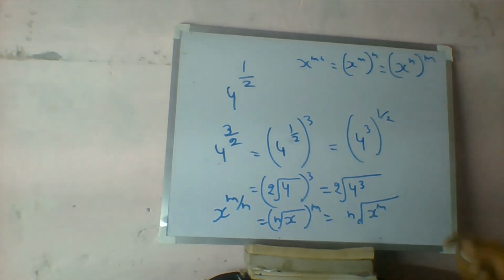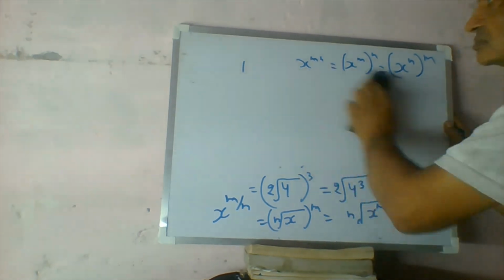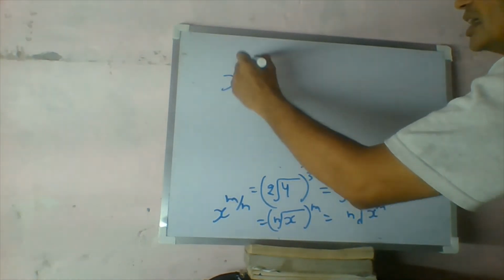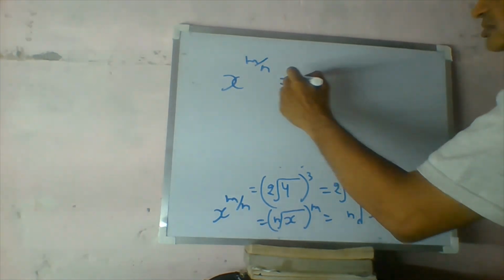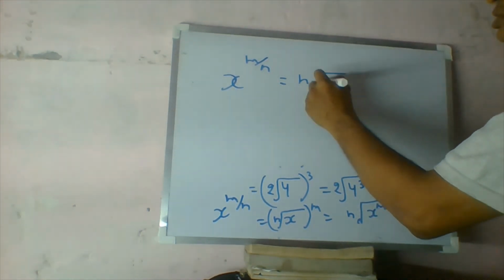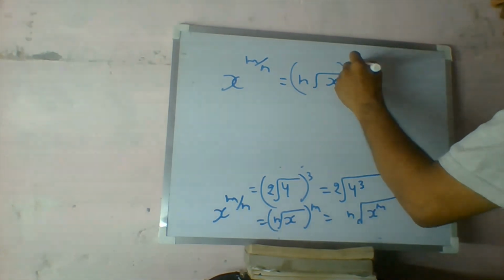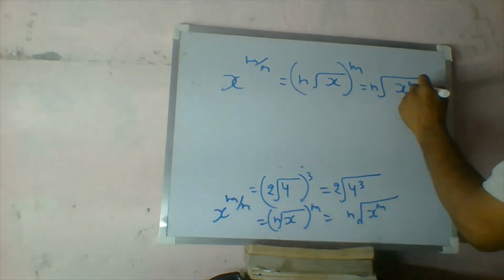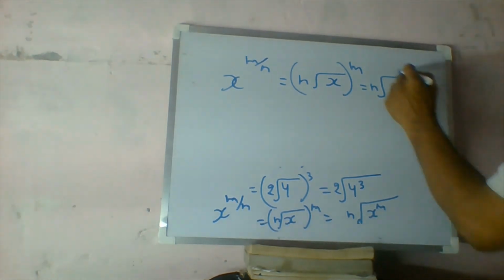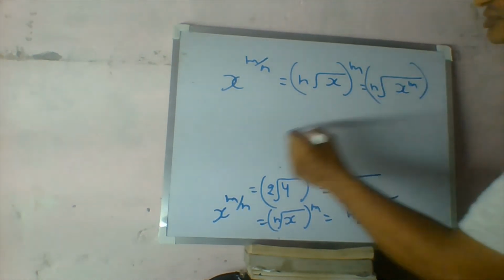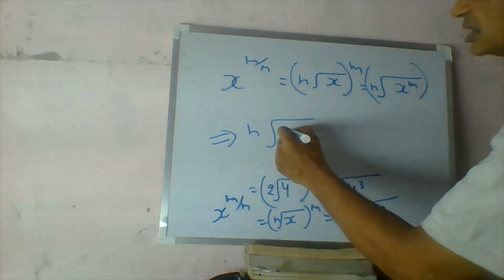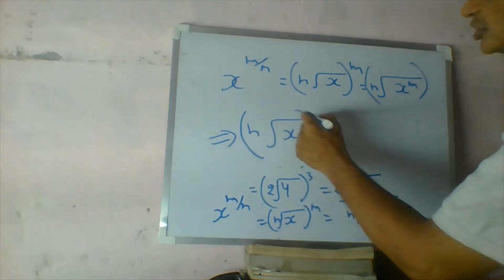Okay, let me write it neatly here. x raised to m by n is equal to the nth root of x raised to power m, or the nth root of x raised to power m.